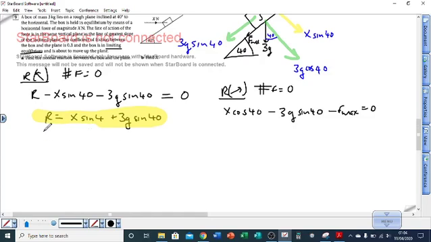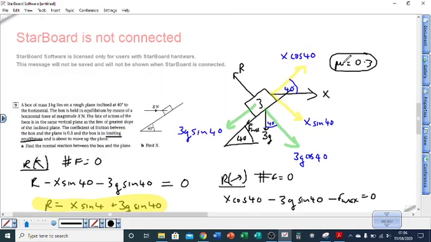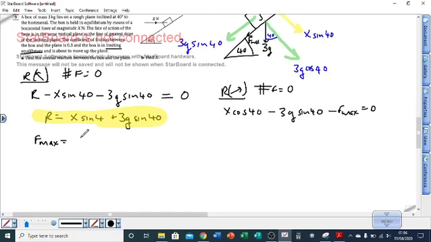Now I know that F max, if I come back over here, is simply equal to 0.3, which was mu, times this here. So 0.3 lots of X sin 40, I think I've missed a 0 just there, plus 3g cos 40.